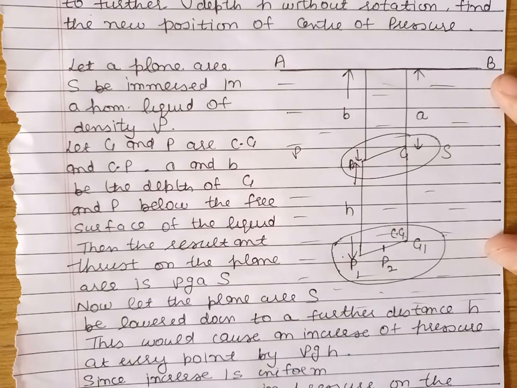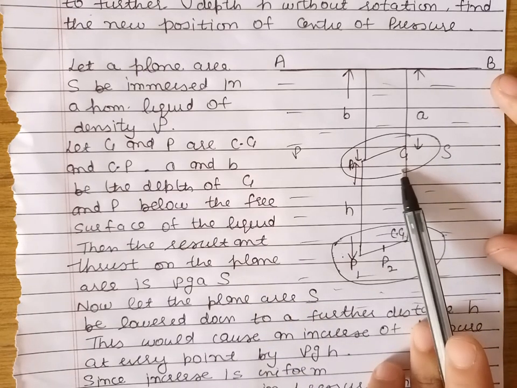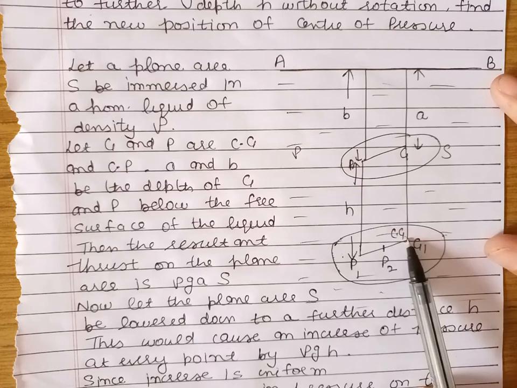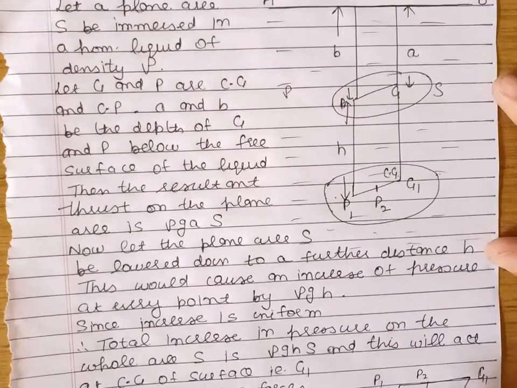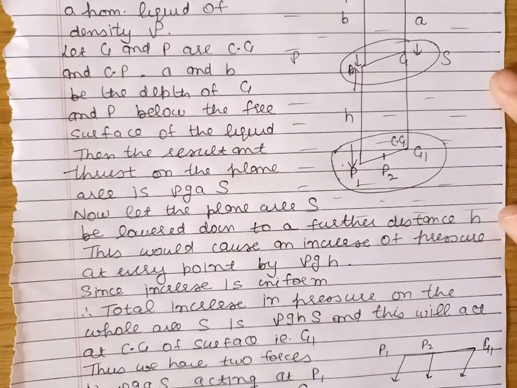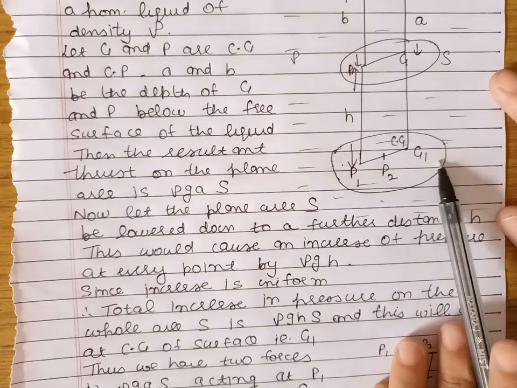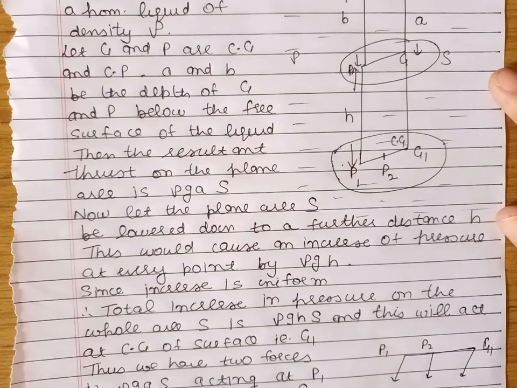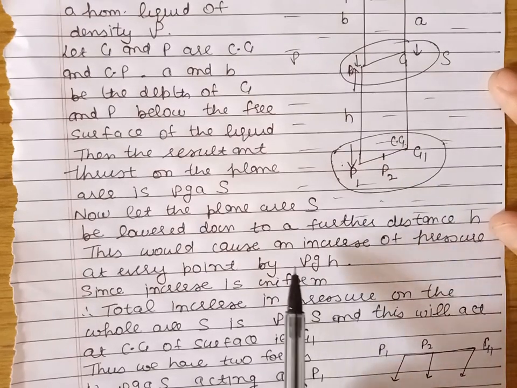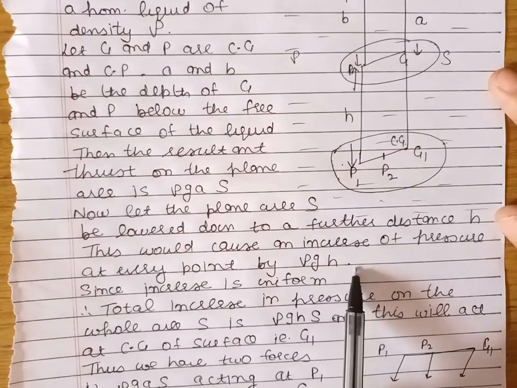Now let us suppose this plane area is lowered down to this position without any rotation, and this depth we have taken as h. So this further immersion will cause an increase in pressure at every point, and because the depth we have taken as h, the increase in pressure at every point will be rho into g into h.